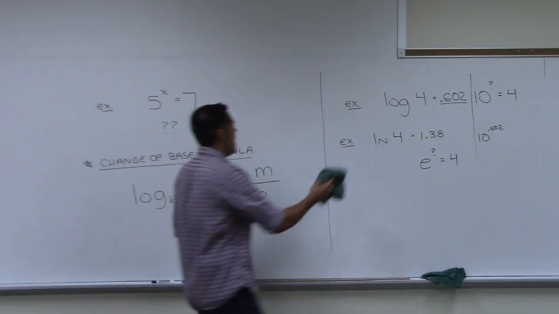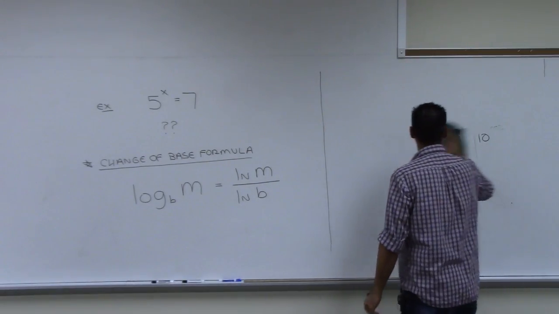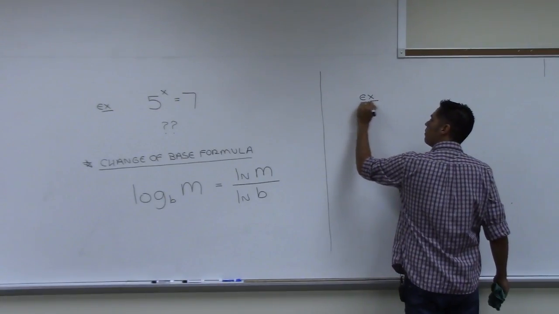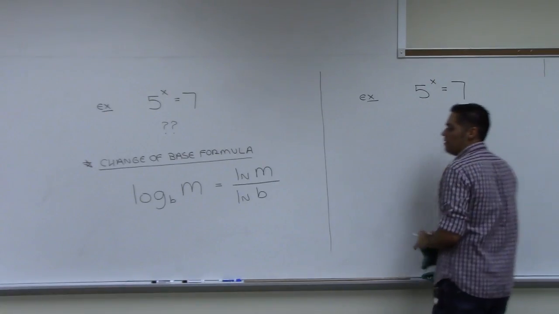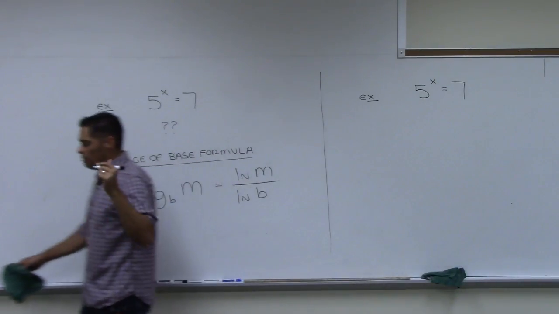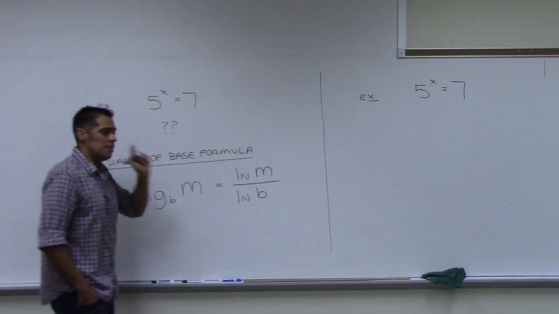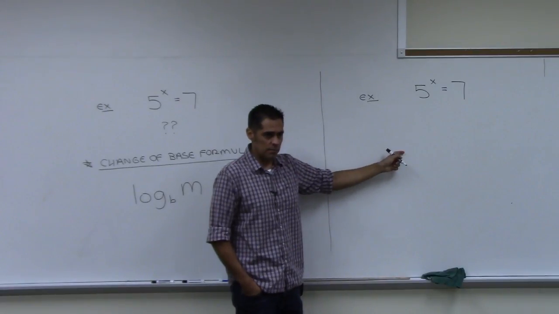All right, let's go back to this example, 5 to the x is 7. That is in what we called exponential form. Last class, I was teaching you how to convert from exponential form to logarithmic form.